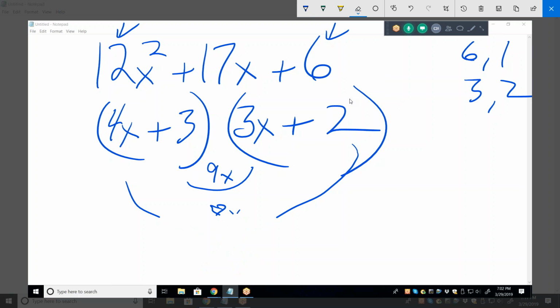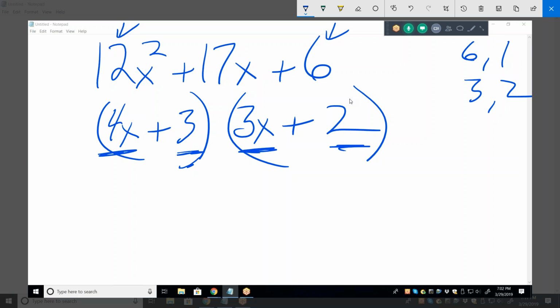You'd be amazed at how often it only takes 1 or 2 trials to get the answer, especially if you consistently start with the 2 closest factors. In other words, we started with 4x and 3x, and we started with 3 and 2. Well, the answer could have been 12 and 1 and 6 and 1. You know, so we were very lucky.